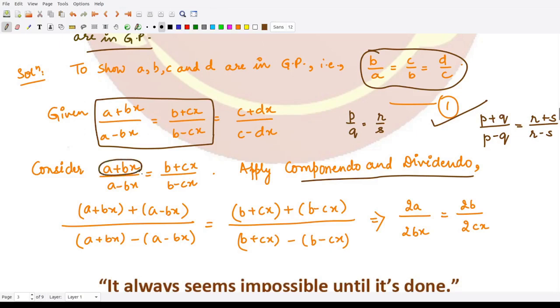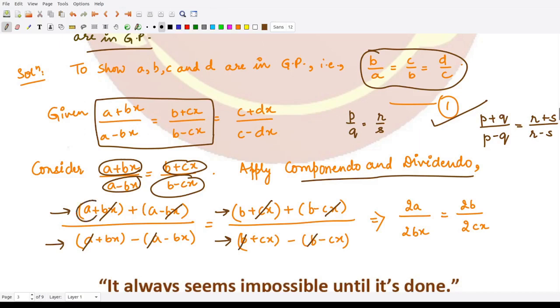So we are adding these two here, and then subtracting them here. Similarly, we are adding these two together here, and subtracting them together here. You see this bx and bx cancel, and this a and this a cancel. Similarly here, cx and cx cancel, and b cancels.